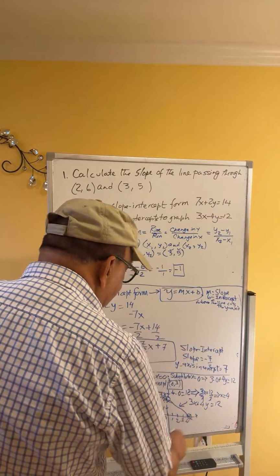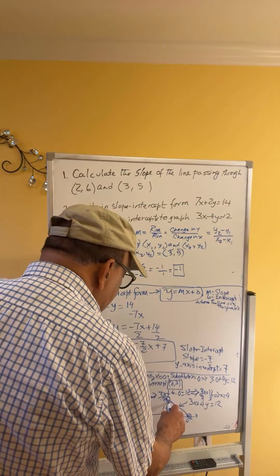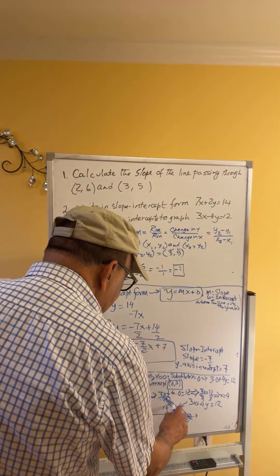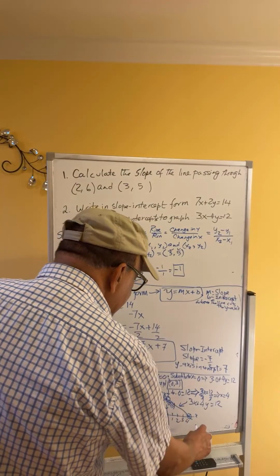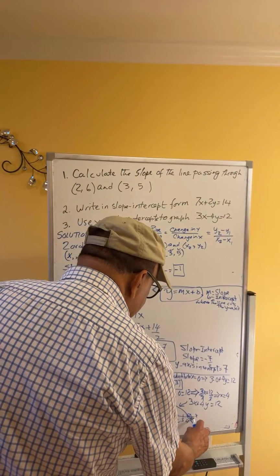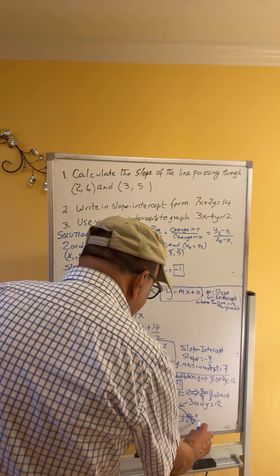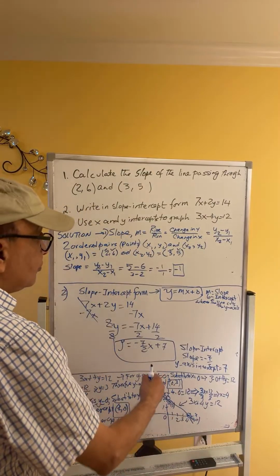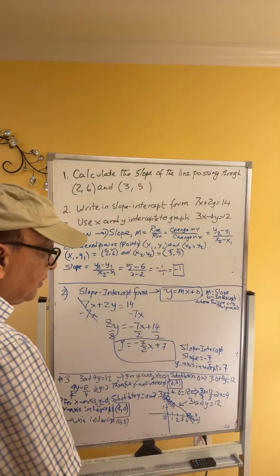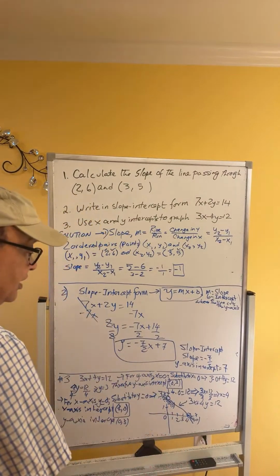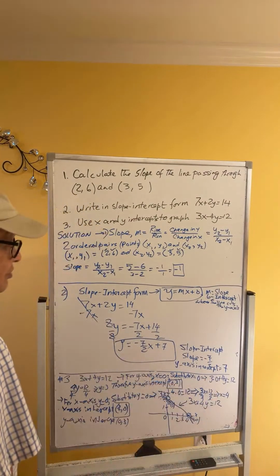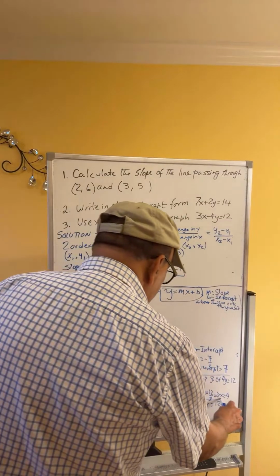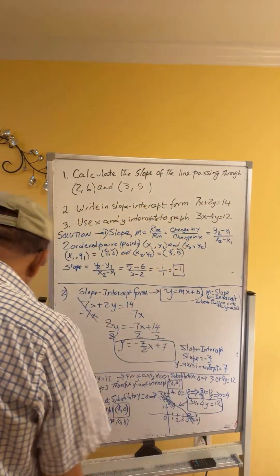So this point is 4, 0, and this is 0, 3, where it cuts the y-axis. Now we locate these two points on the xy plane and connect them with a straight line. That is the equation 3x plus 4y equal to 12.